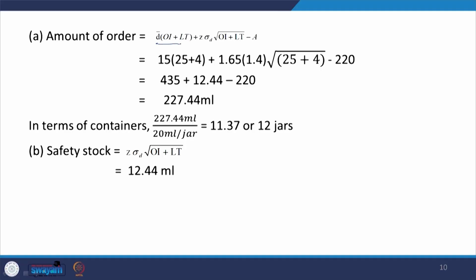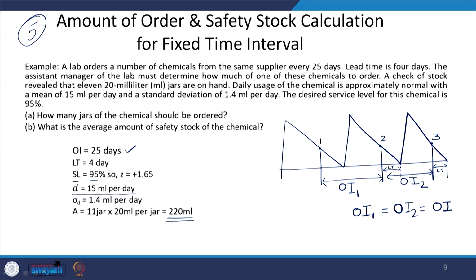So, here this is the inventory which I am going to consume during the period of protection, that is my order interval plus lead time, because when I am ordering at point number 1, I need to have protection from OI1 plus next LT.